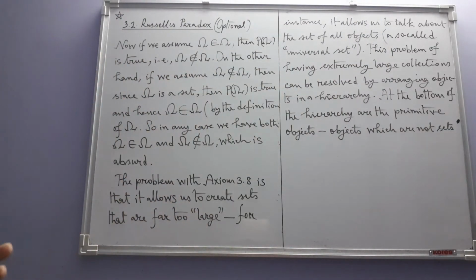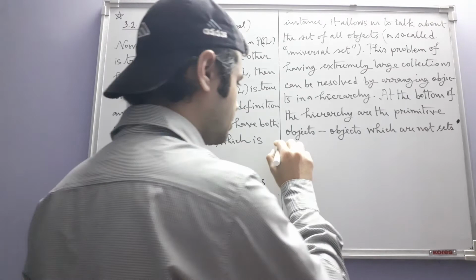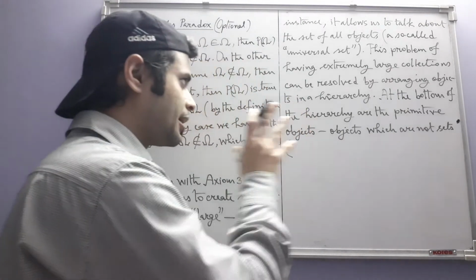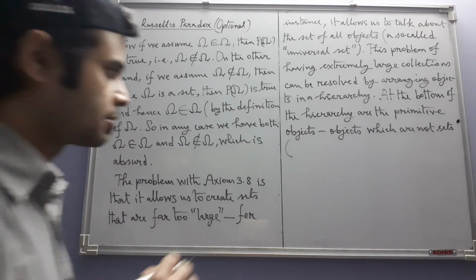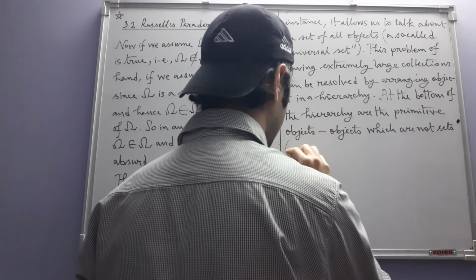We have already talked about this. However, since we are dealing with an impure set theory, for us there are primitive objects, for example the natural numbers. However, in pure set theory, since they will also be constructed using sets, there will be no primitive objects. So that's what is written here.